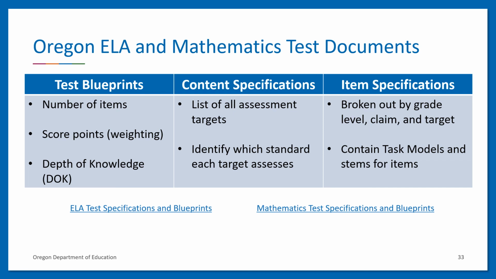Content specifications list all assessment targets within each claim, as well as the ELA or Math standards aligned to those targets. Item specifications provide task models and appropriate stems for each item type and are broken out by grade level, claim, and target.